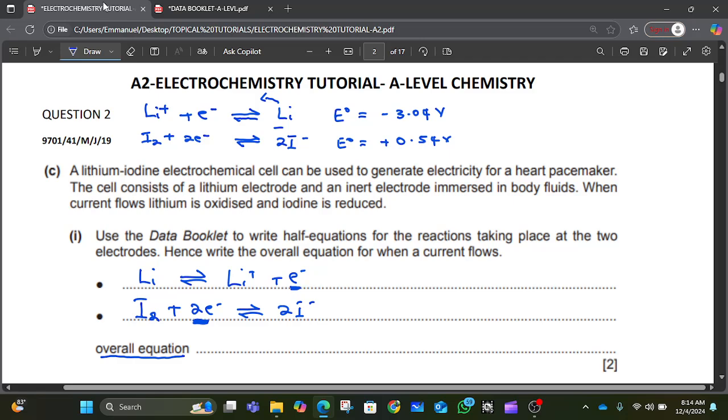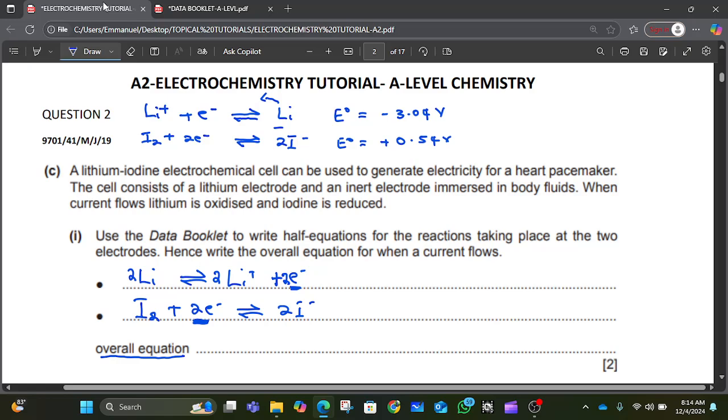So to be able to write the overall equation, we have to multiply the lithium equation by 2. So this will be times 2 here, that will be 2Li, then this will be times 2 here, 2Li plus, then times 2 electrons. So that will be plus 2e minus.